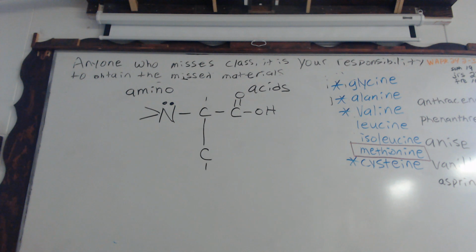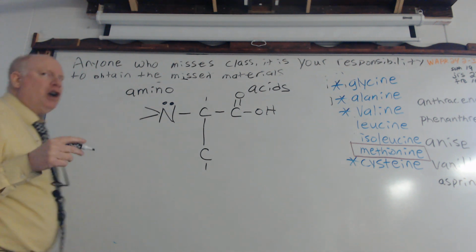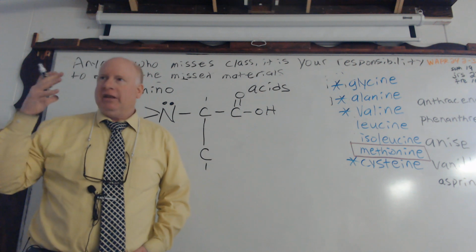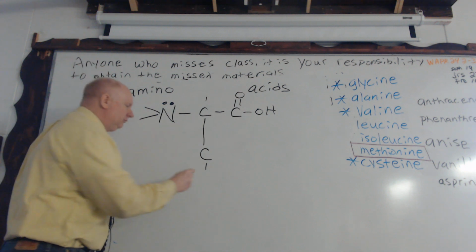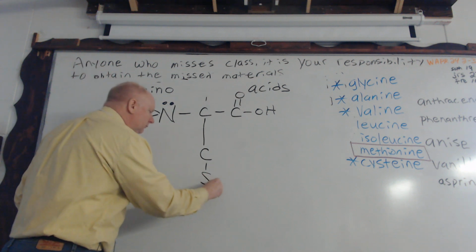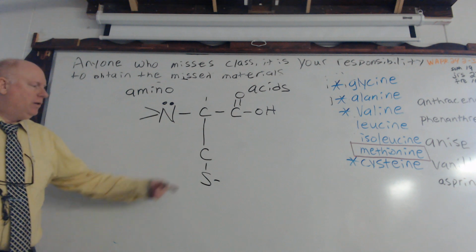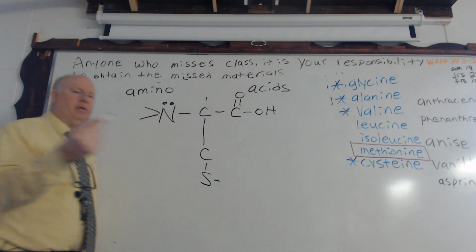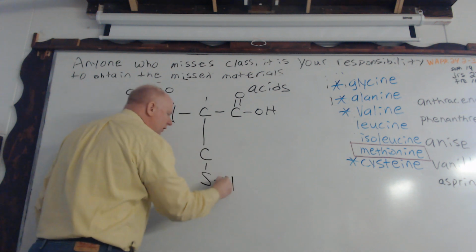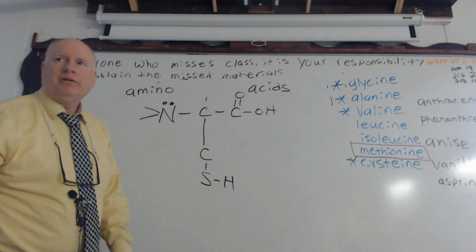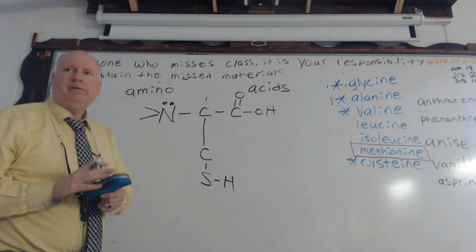You go, shh, this is the Sistine Chapel. So how do you spell the simplest way to spell shh? S and H. And if you want to put that on here, you can. But remember, if there's nothing written after these dashes, it just means a hydrogen. So yeah, that's the Sistine Chapel.